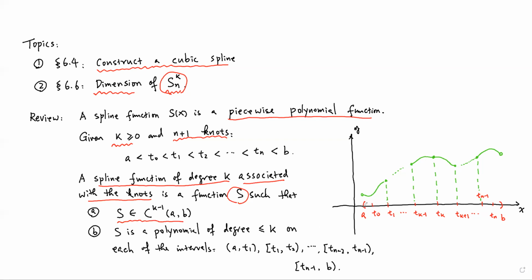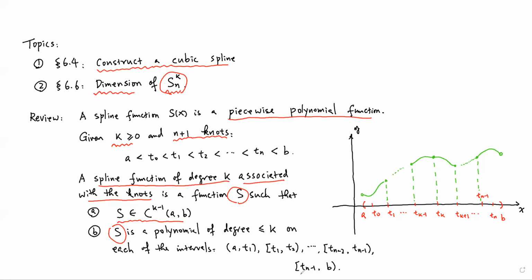From a to t1, S is a polynomial of degree not greater than k. And from t1 to t2, the left endpoint is included, the right endpoint not included, it is a polynomial of degree not greater than k, and so on.